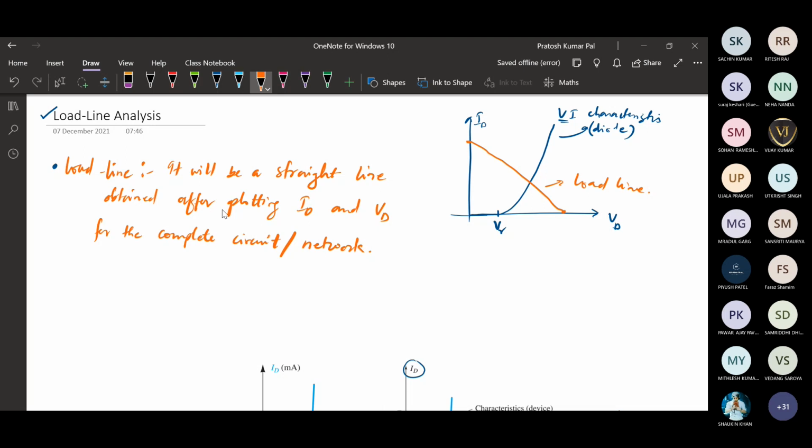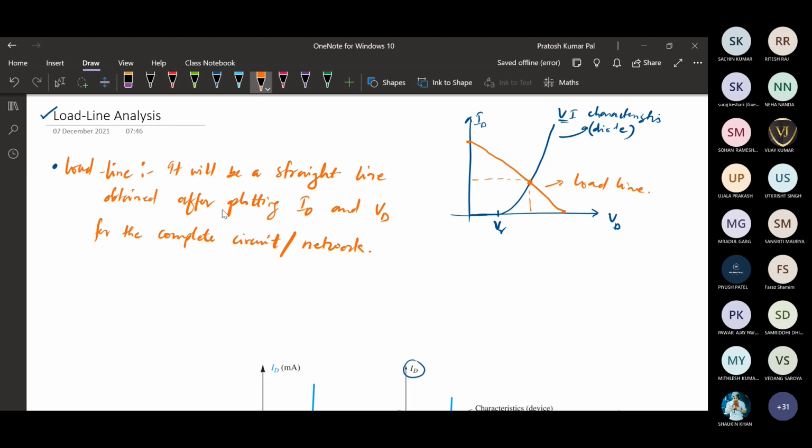At what particular point do this load line and the VI characteristic of a diode meet? This characteristic is the characteristic of a device, either a diode or a transistor or whatever component we are analyzing. Whatever behavior the diode has is that curve, and this is the DC load line where it cuts. This will be your Q point.